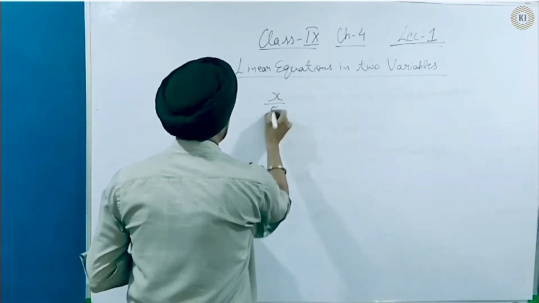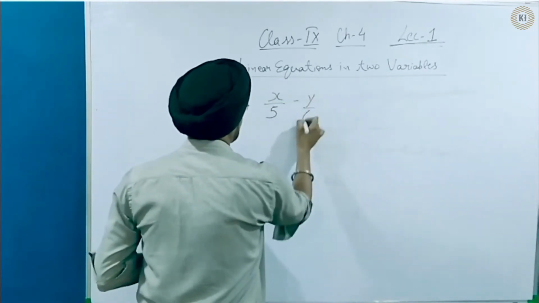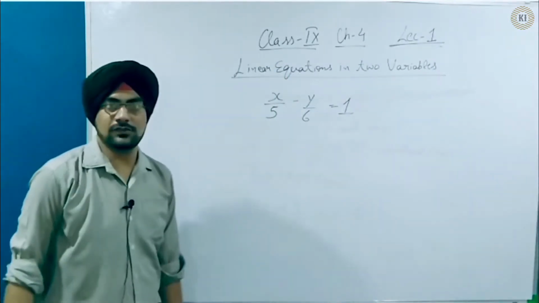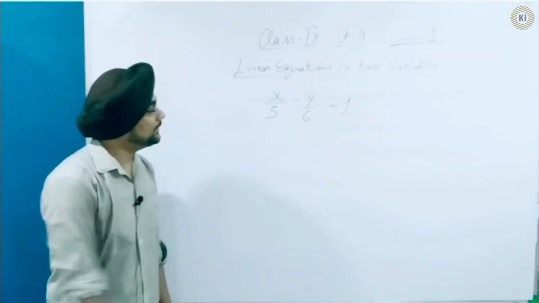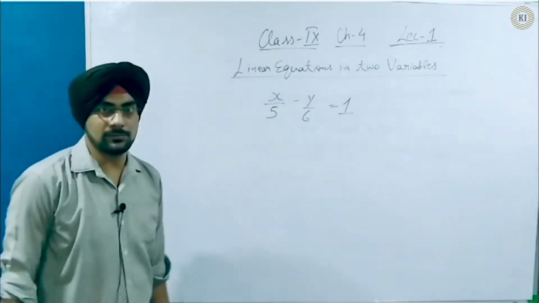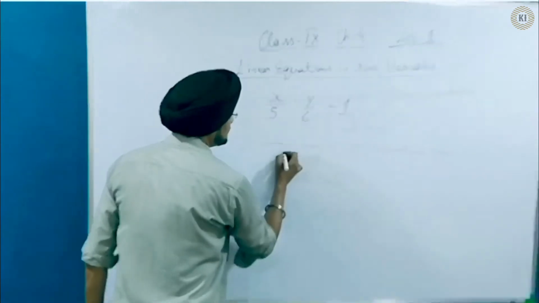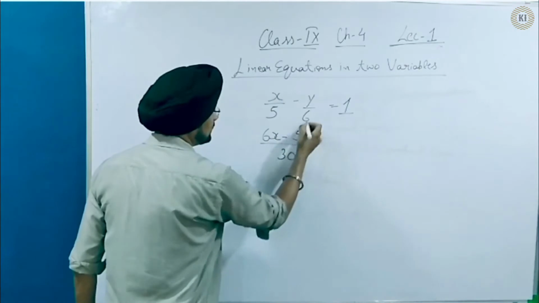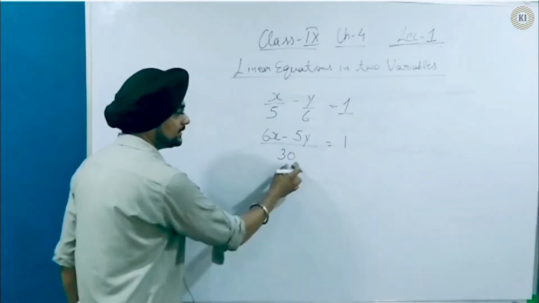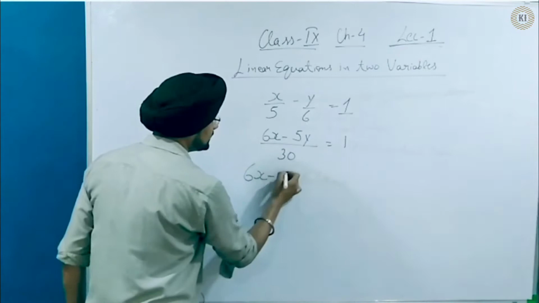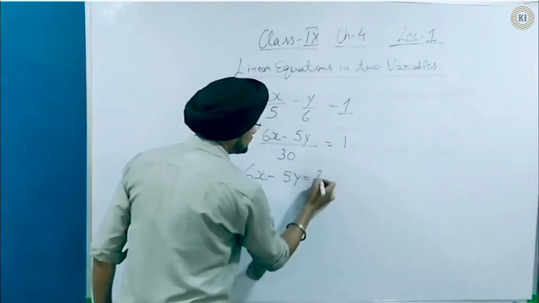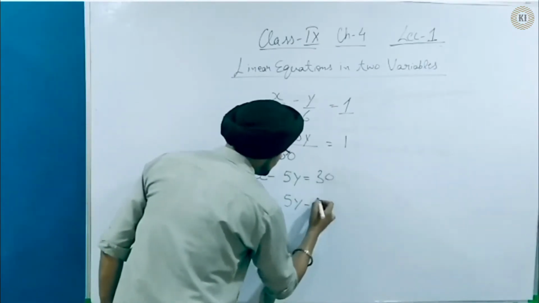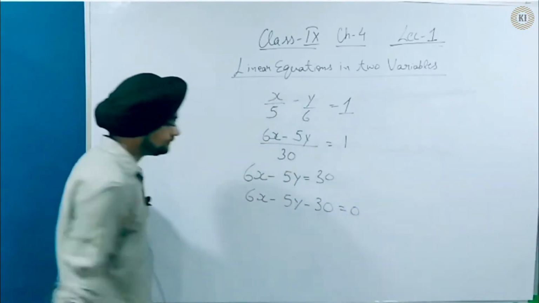x upon 5 minus y upon 6 is equal to 1. Now in this question we have to calculate the value of a, b and c. So first of all, change it into the format. Take the LCM of 5 and 6, which is 30. Cross multiplying, it will come 6x minus 5y is equal to 30, and 6x minus 5y minus 30 is equal to 0.